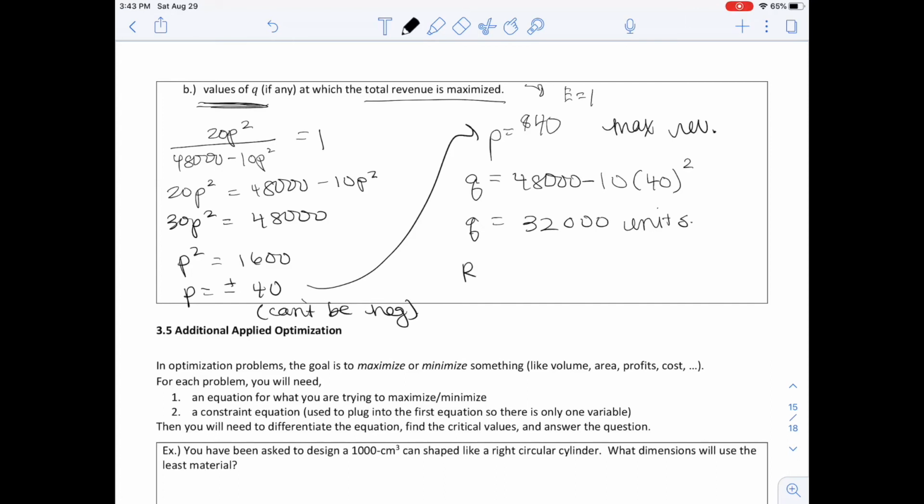So R of Q is equal to P times Q. And so our revenue that we would have when we were maximizing it would be 40 times 32,000, which works out to being equal to 1,280,000. So we have $1,280,000 for our max revenue.